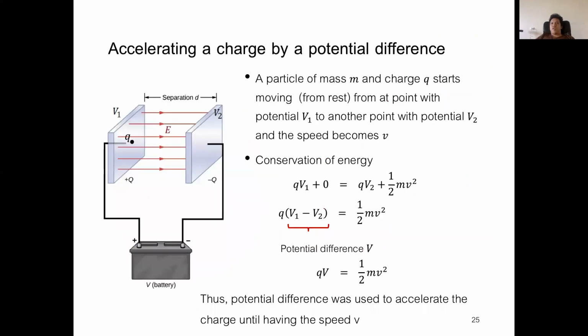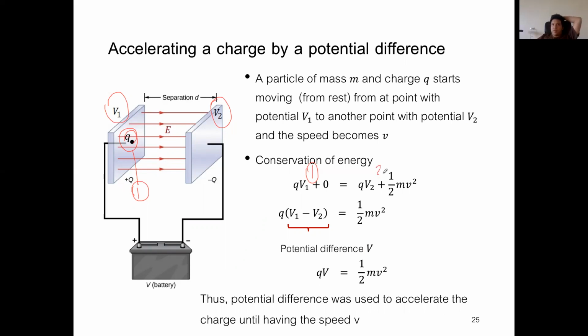Okay, so accelerating the charge by the potential difference. Let us consider the conservation of energy. I'm not quite sure what V1 and V2 will be, but we know from the conservation of energy. In the situation before, number 1, Q is at the positive electrode and is not moving anywhere yet.